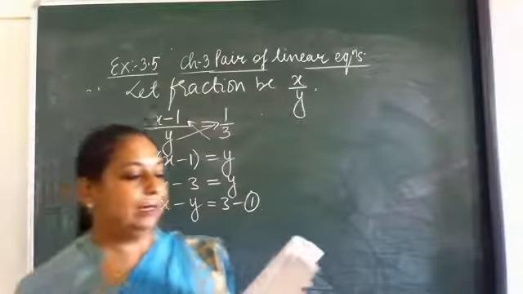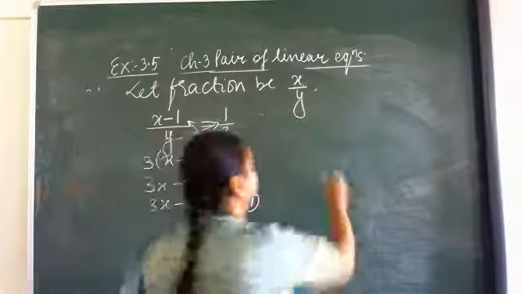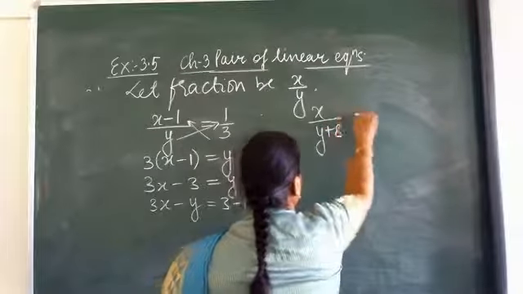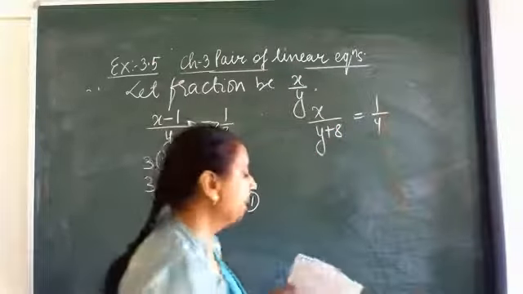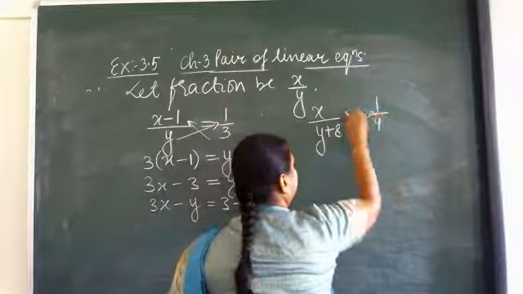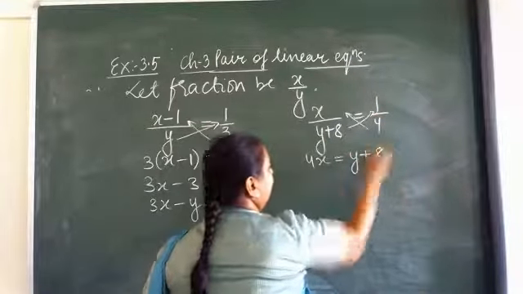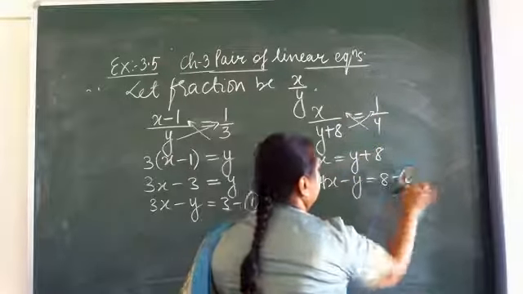Similarly, it becomes 1 upon 4 when 8 is added to the denominator. So 8 is added in the denominator, then the fraction reduces to 1 upon 4. Cross multiplying, 4x is equal to y plus 8, so 4x minus y is equal to 8. This is the second equation.